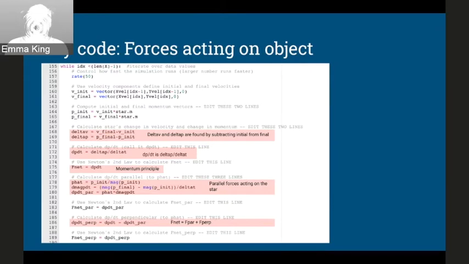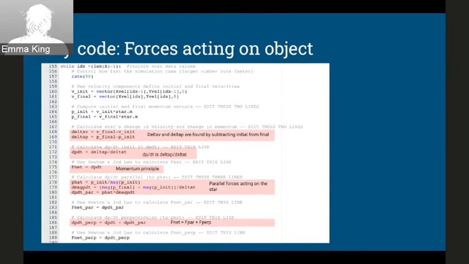And then from that, we can find the parallel forces acting on the star. So that would be p hat, which is just the unit vector for the initial momentum, which is p initial over the magnitude of p initial.